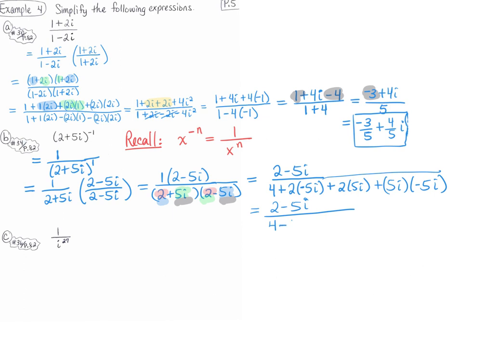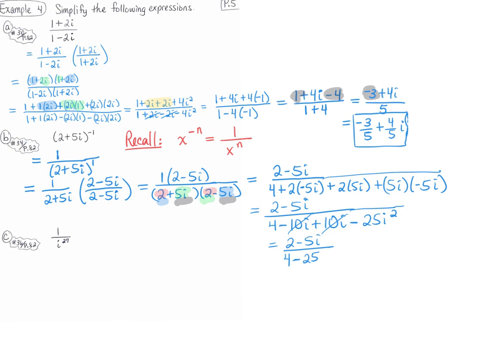Minus 10i. Plus 10i minus 25i squared. Good, all of you. And then what happens? You combine like terms, each other out. Good. So it would be 2 minus 5i over 4 minus 25i squared.